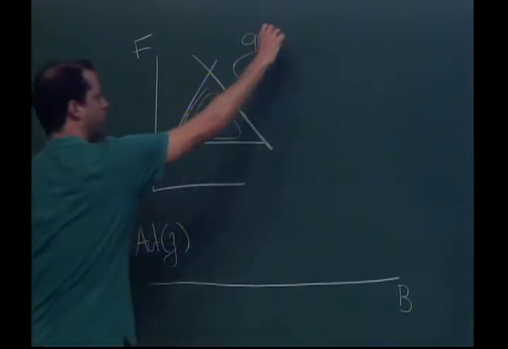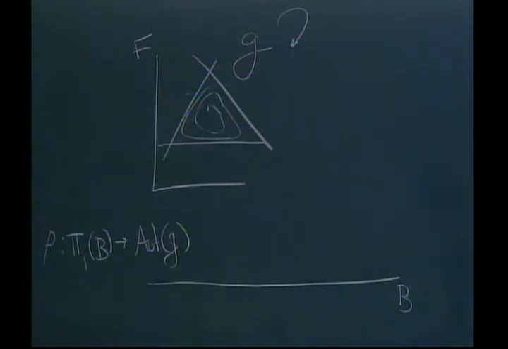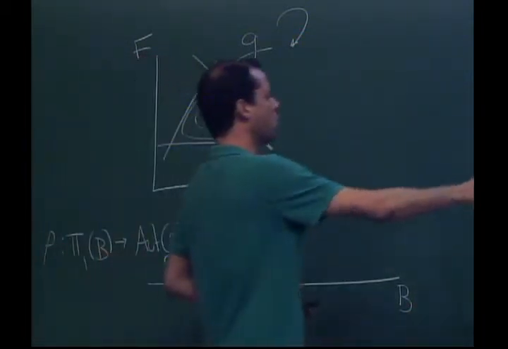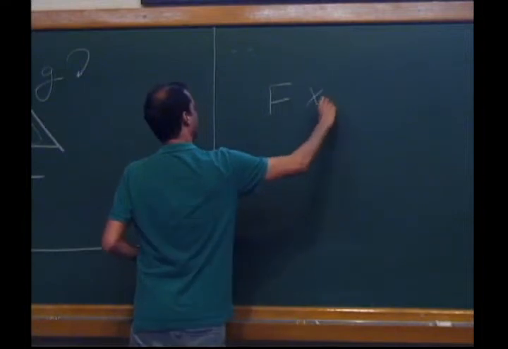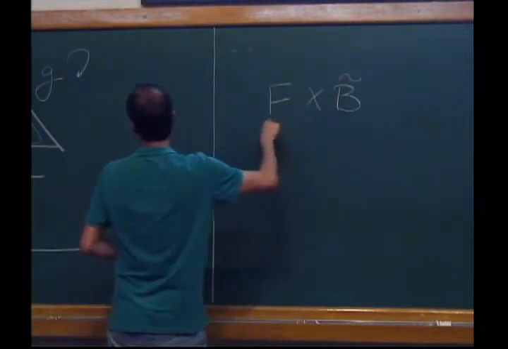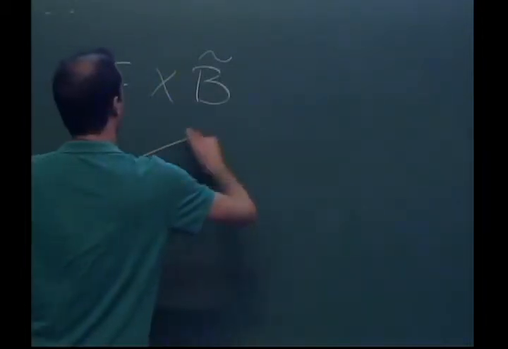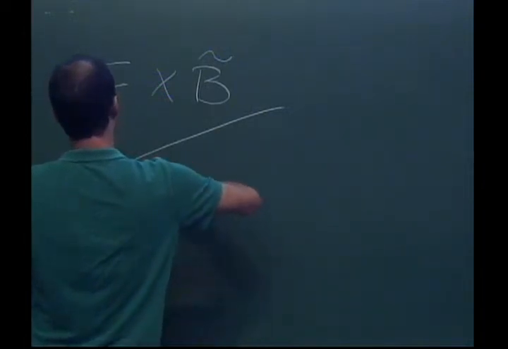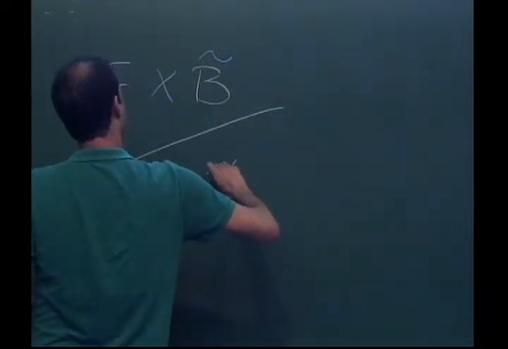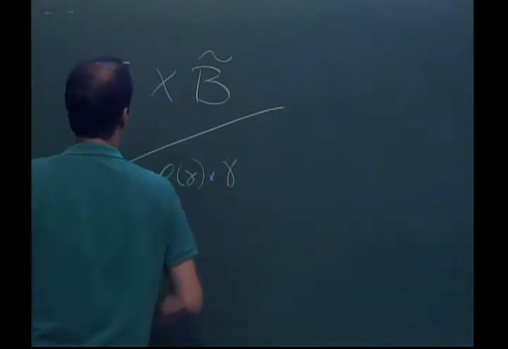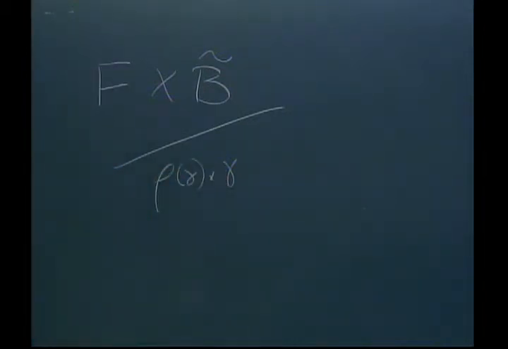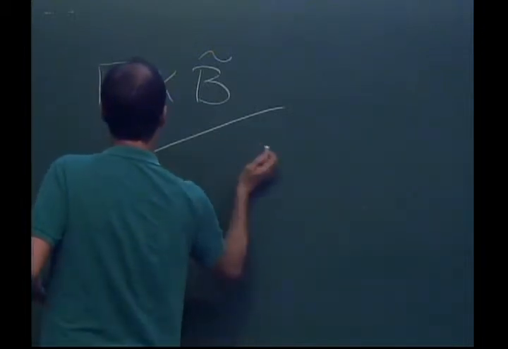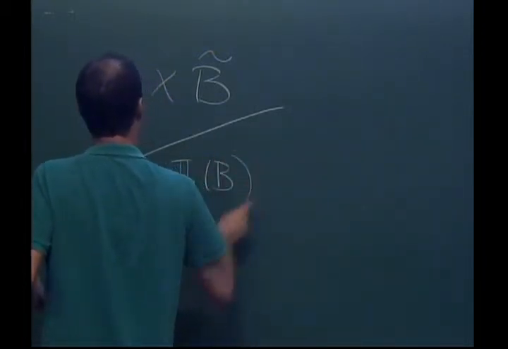So I have automorphisms acting here, and then I can just take the product of F and the universal covering of B. Consider on F times B tilde the product foliation G times B, and I mod out by deck transformations on B and the representation on F. So I mod out by pi1 of B, where this action is just the action I described.